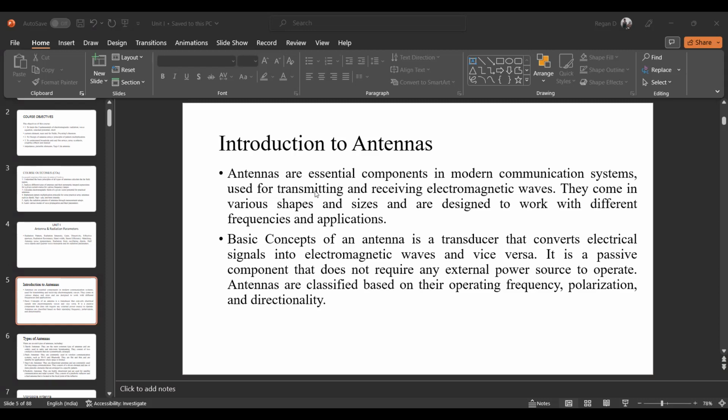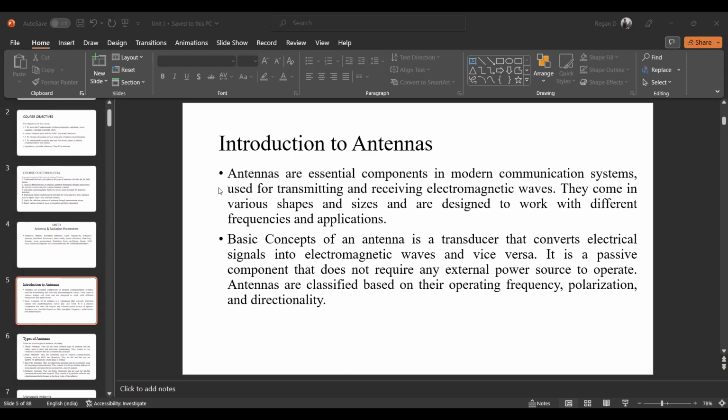We can say that an antenna is a transducer which converts electrical signals into electromagnetic waves and vice versa. Suppose I'm talking here and using a transmitter. The transmitter is the electronic circuitry with the antenna.